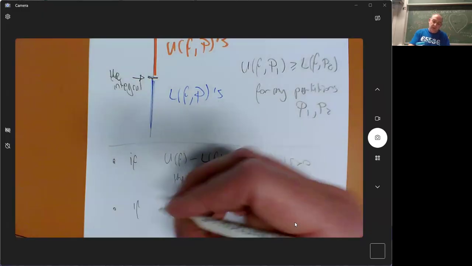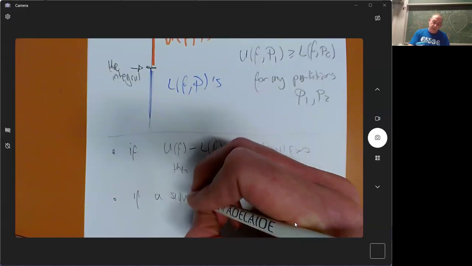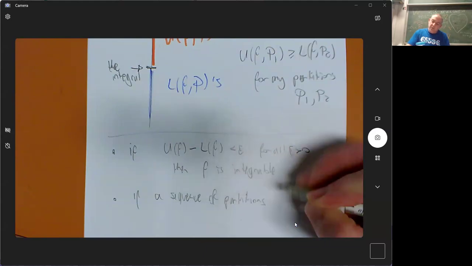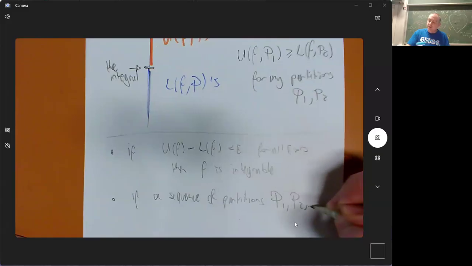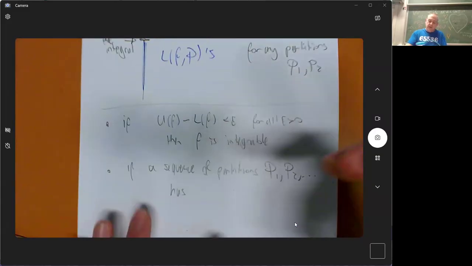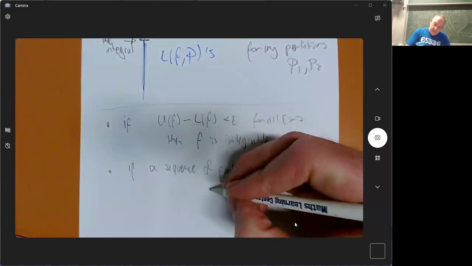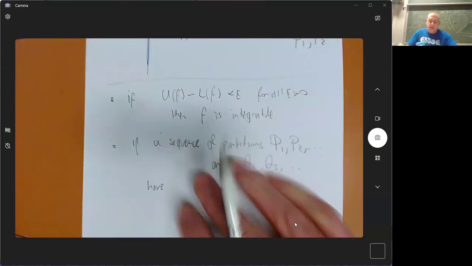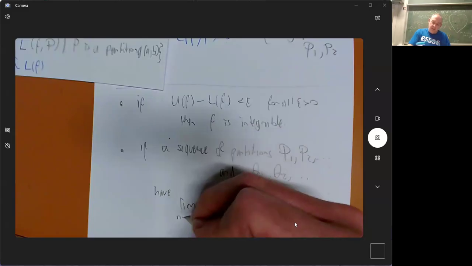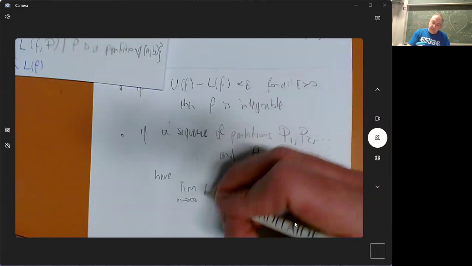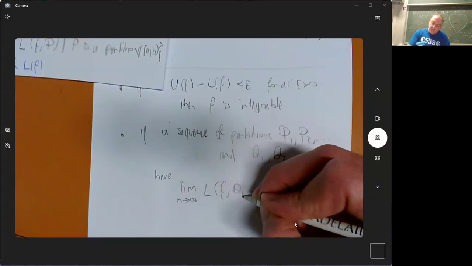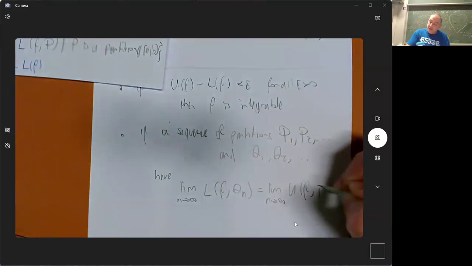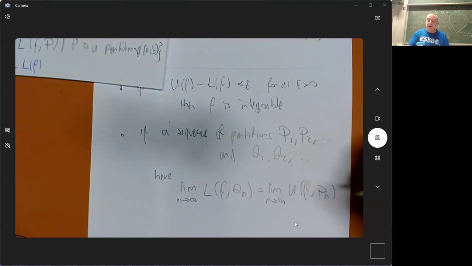So if sequences of partitions P1, P2, etc. and Q1, Q2, etc. have the limit as n goes to infinity of the lower sum of f and the Q's equal to the limit as n goes to infinity of the upper sum of f and the P's, then it will be integrable.